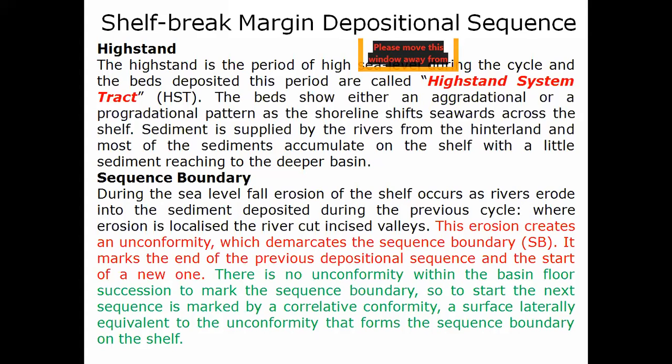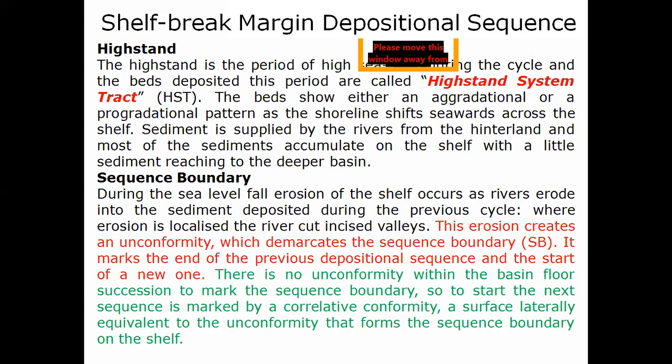Highstand system tract: the highstand system tract is the period of high sea level during the cycle, and the beds deposited in this period are called the highstand system tract, and it is symbolized as HST.